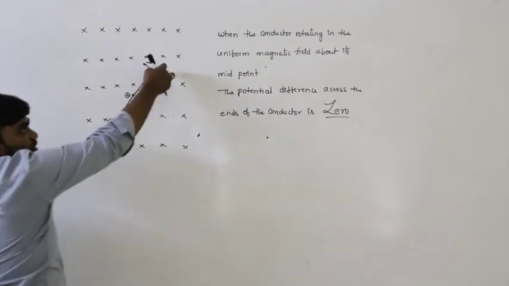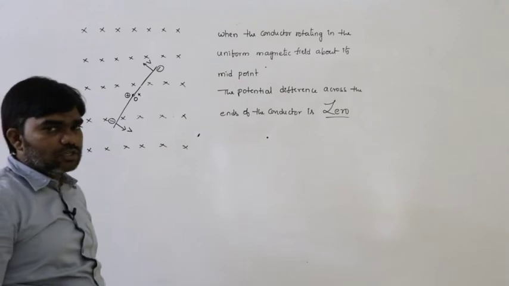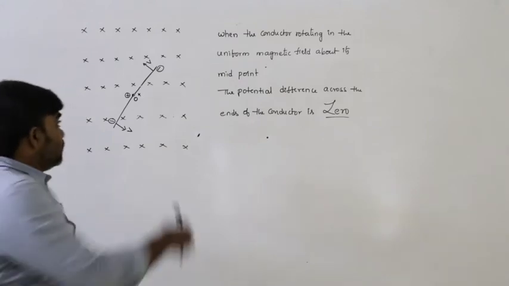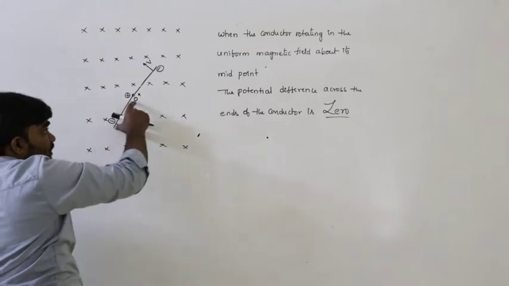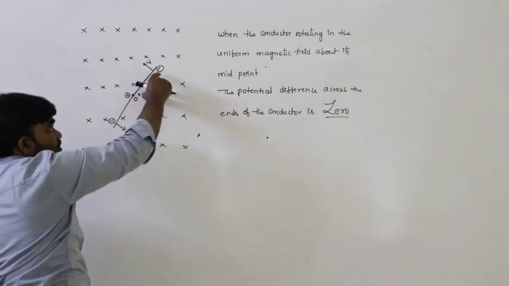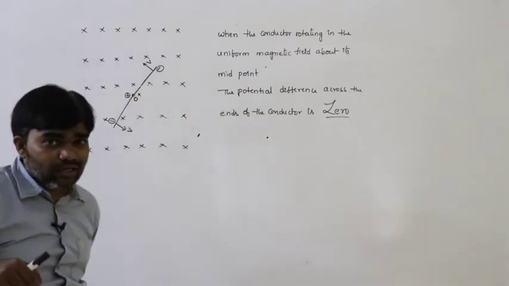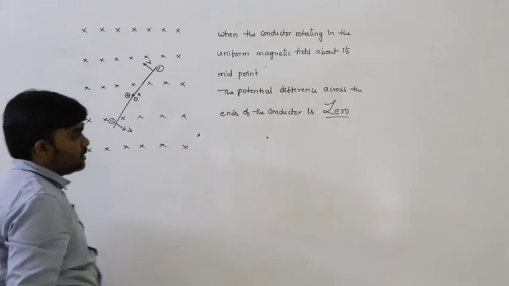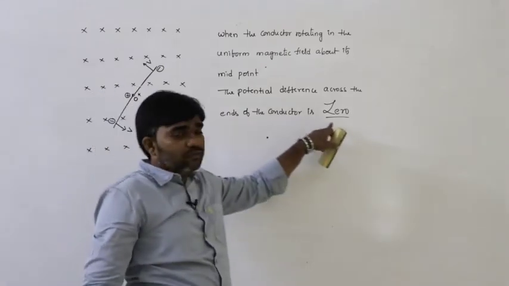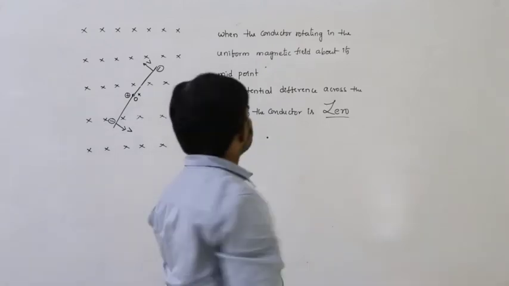This end is at negative potential and the other end is also at the same negative potential, because whatever the velocity here, it is the same there, and this length is L by 2 and the other length is also L by 2. The total conductor is rotating in the same magnetic field, so whatever potential exists here, the same amount exists there. That's why the potential difference between the ends of the conductor is 0.